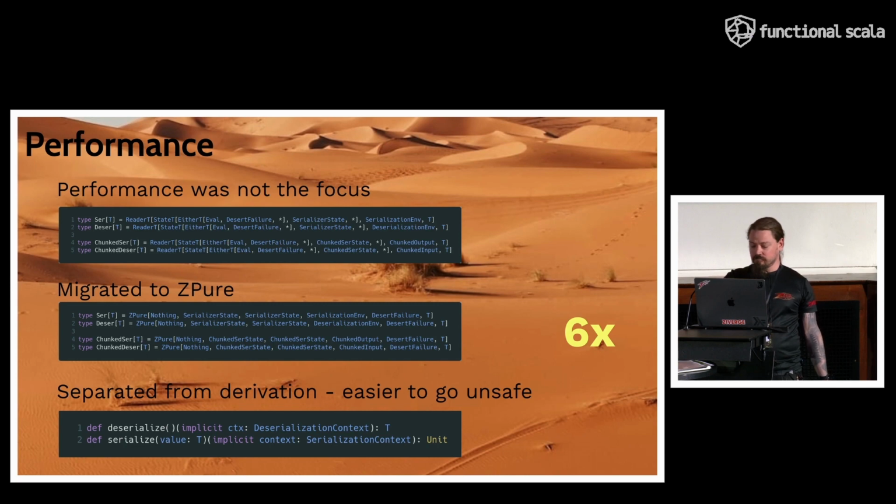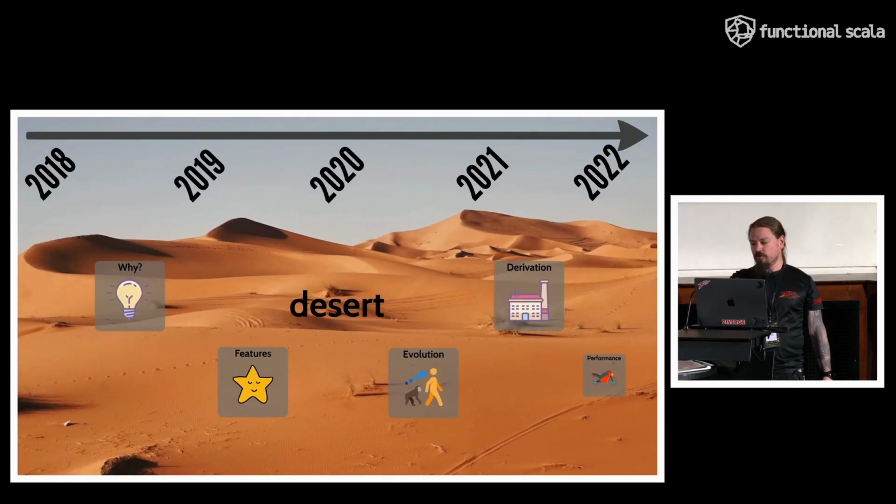And the first attempt to do that was a 15 times speed increase. So compared to the original, it's like 90 times faster now. And I'm sure that it can be optimized, but as I said, it was not the primary focus.